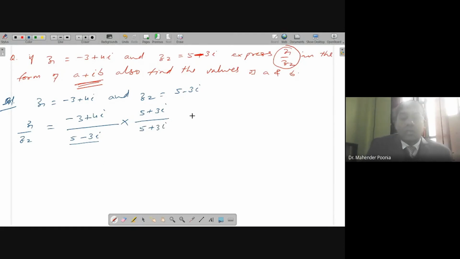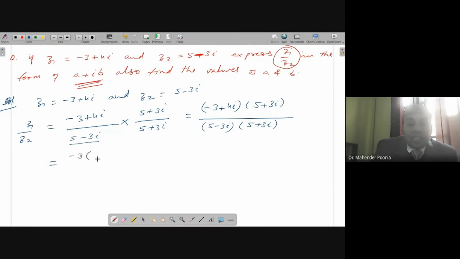Right? Which is equal to minus 3 plus 4 iota into 5 plus 3 iota divided by 5 minus 3 iota into 5 plus 3 iota, which is equal to minus 3 into 5 plus 3 iota plus 4 iota into 5 plus 3 iota divided by a minus b and a plus b.